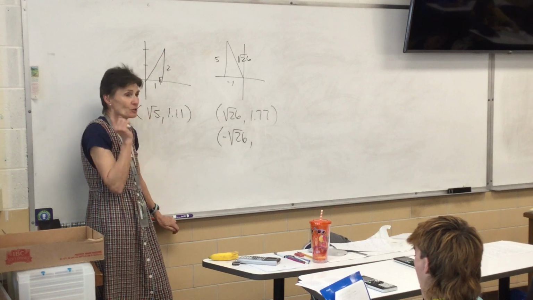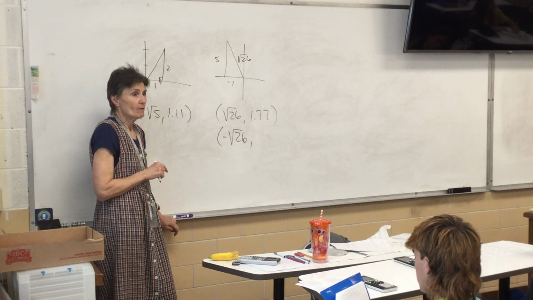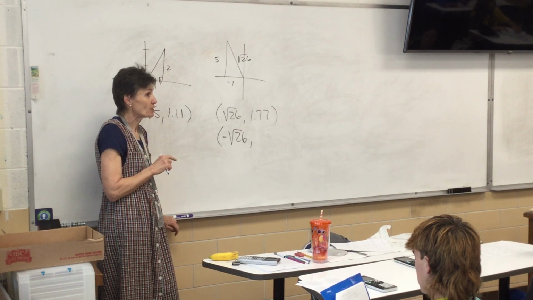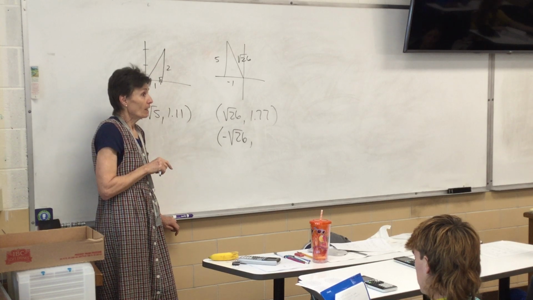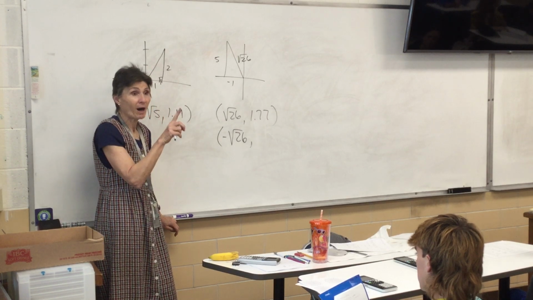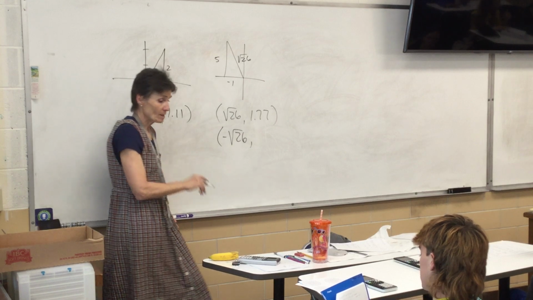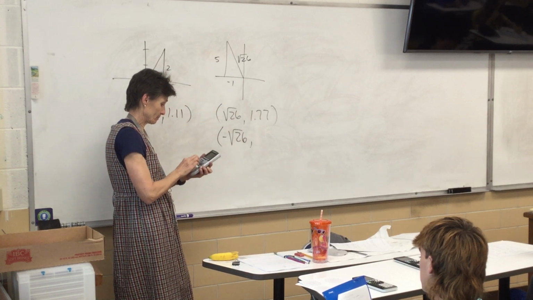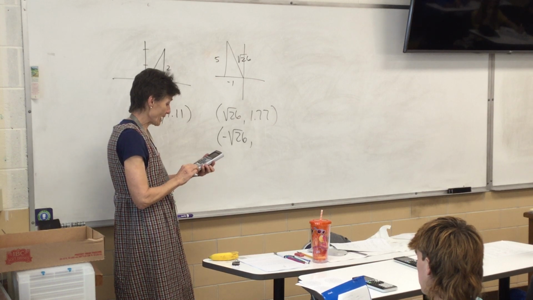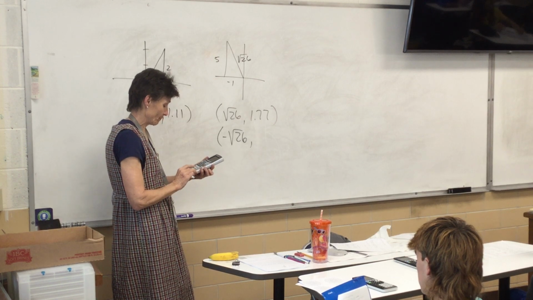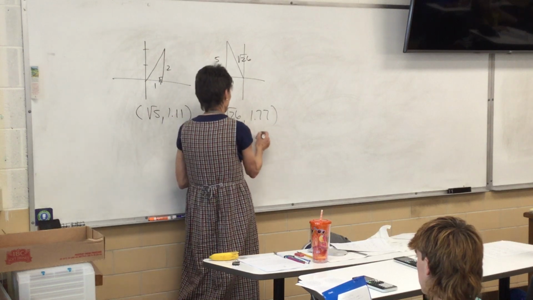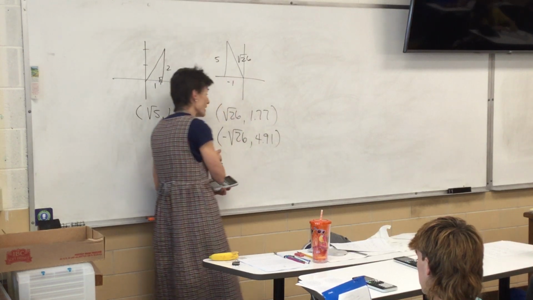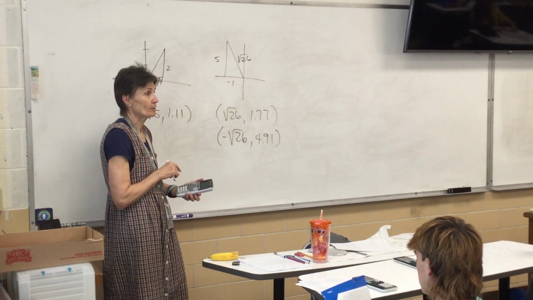If you're going to change the sign on your r, then your angle is going to have to be changed by 180 degrees, but pi radians. So you're going to take that answer right there, and you're going to add pi to it. And it's 4.91. And there is the answer to the question.